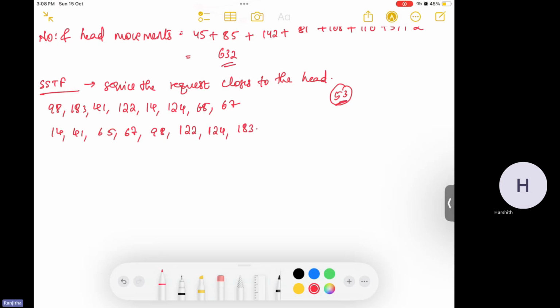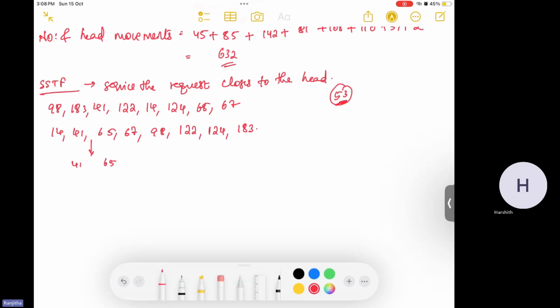The head location is currently at 53. So we have 41 on its left and 65 on its right. Which one is closer, 41 or 65? 65 is closer.